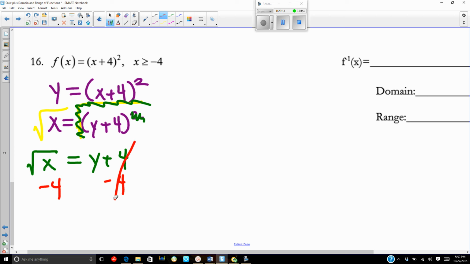Subtract 4. Since we've already square rooted both sides, that 4 does not go underneath the square root symbol. So our inverse is the square root of x minus 4 on the outside. We get points deducted, obviously, if the minus 4 is underneath.